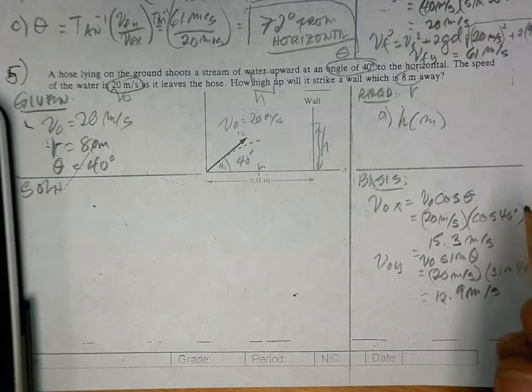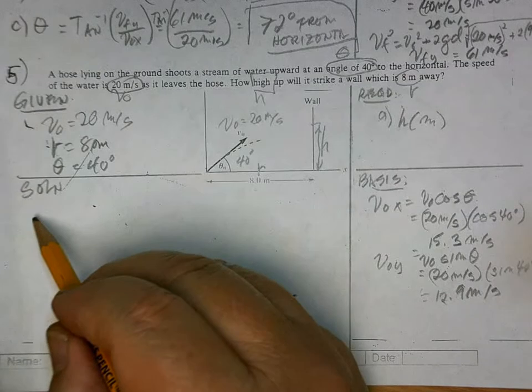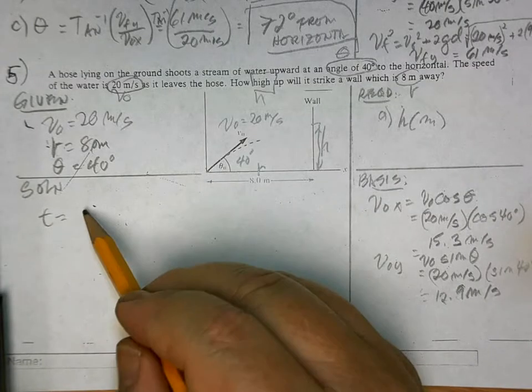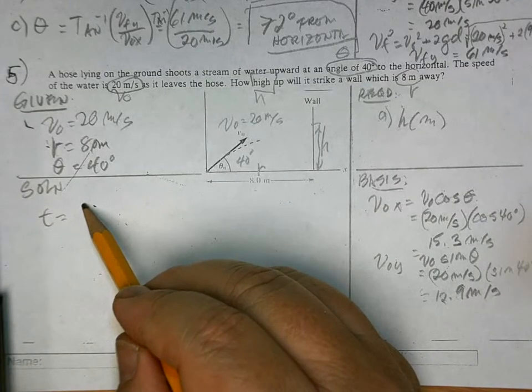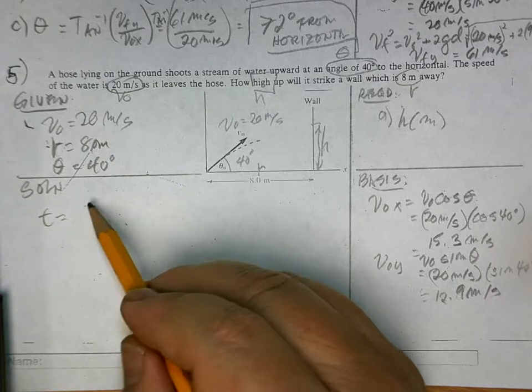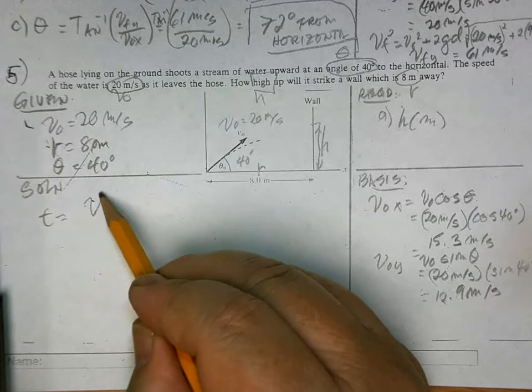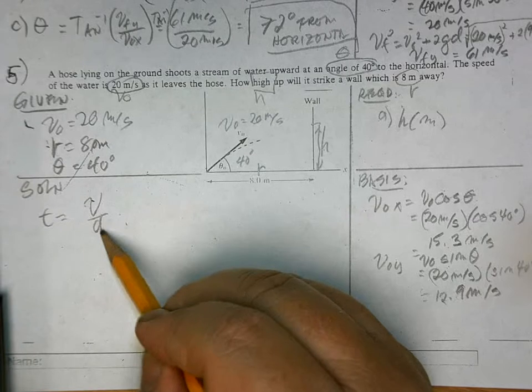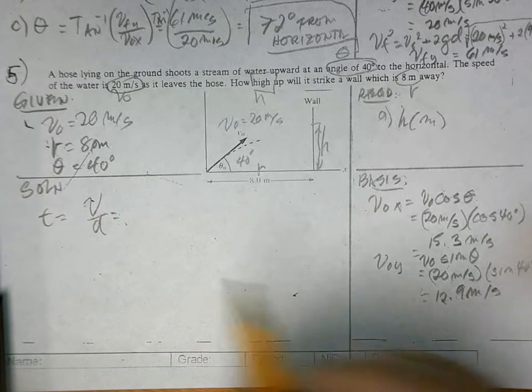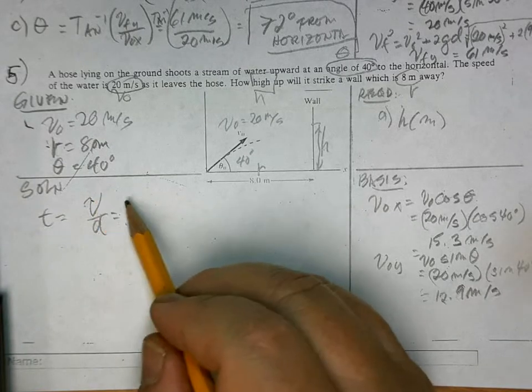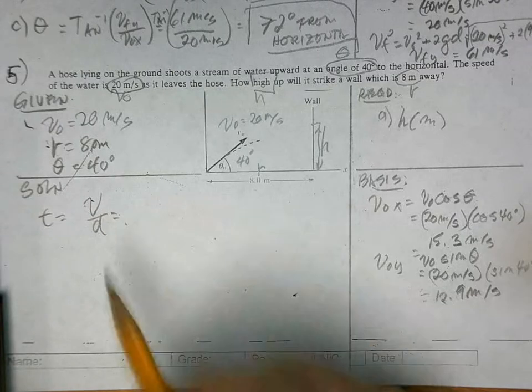And that's not really part of the solution, so you can write it here or there, it doesn't matter. So t is equal to d over v, and this is on the horizontal, right?